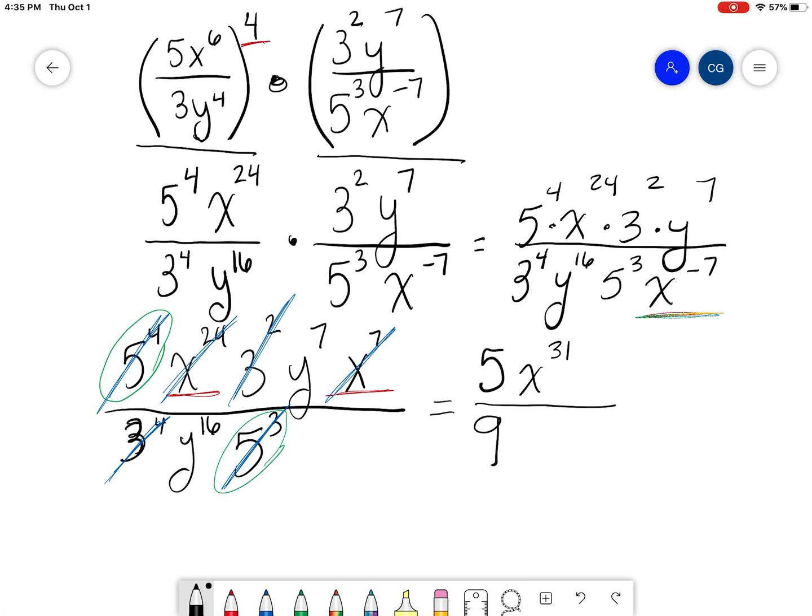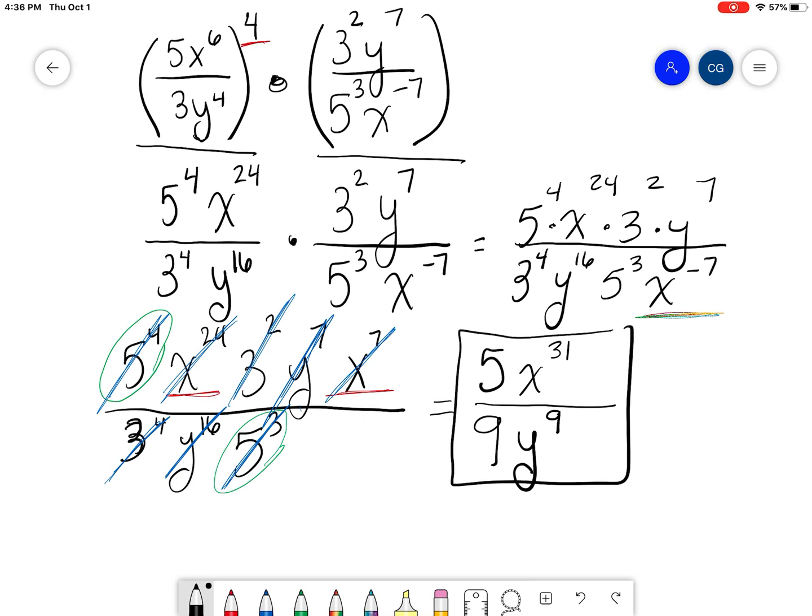Now, last thing that we're going to do are the y's. I have 7 y's upstairs. I have 16 y's downstairs. So I'm going to cross off 7 on the top and the bottom. If I cross off 7 upstairs and 7 downstairs, what I'm going to be left with is y to the 9th downstairs.